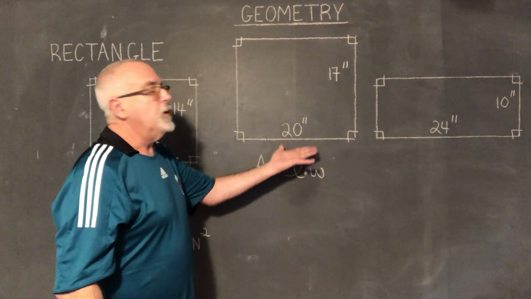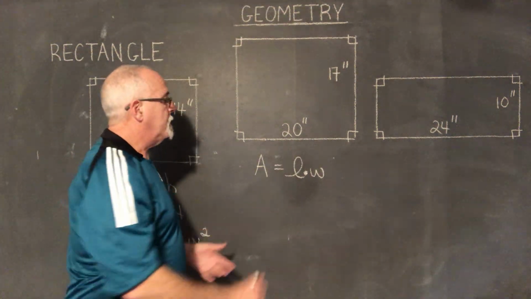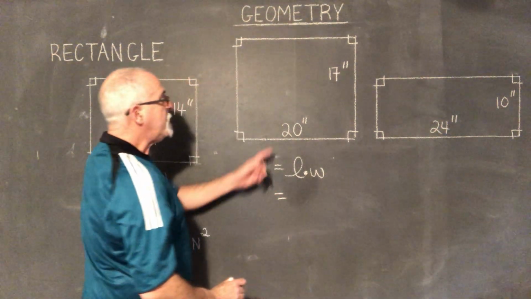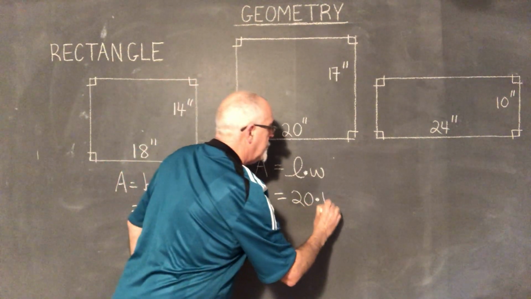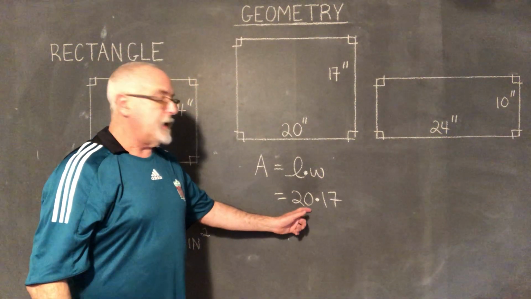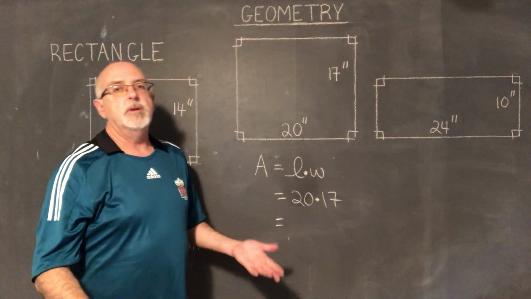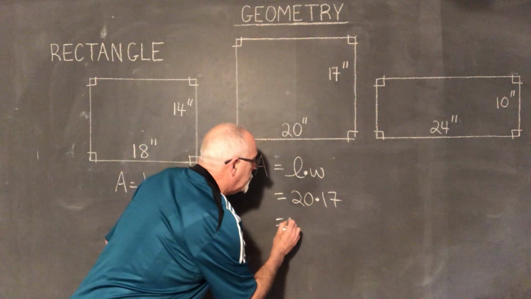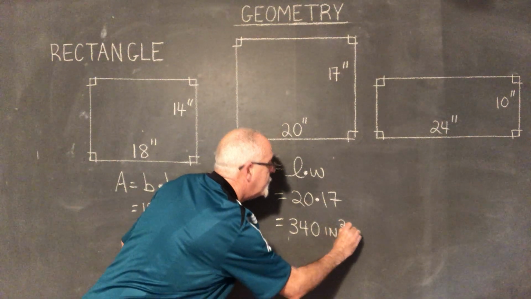You are multiplying the base times the height, whether you call them that or not, to get the area. So the length of this one is 20, and we're multiplying it by the height, which is 17. And yes, I think I can do this in my head, because 10 times 17 is 170, so 20 times 17 will be 2 times 170. That will be 340 square inches.